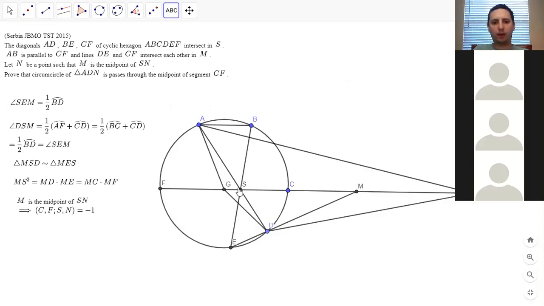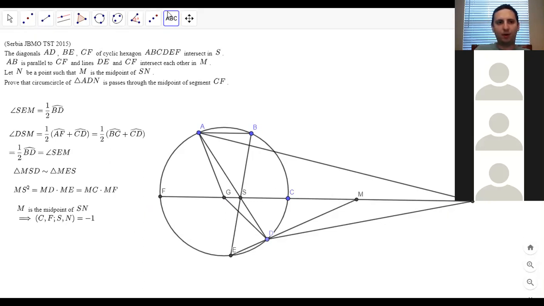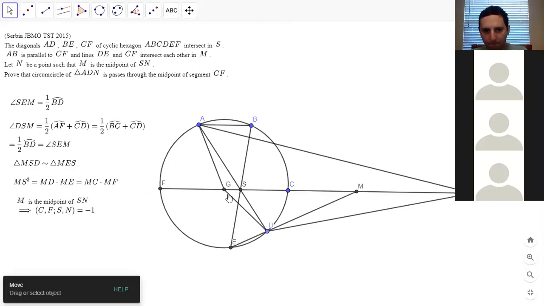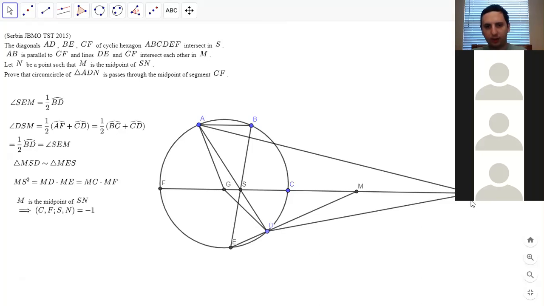Oh, by power of a point, because then we have, since they're in harmonic conjugation, GS times GN is GC squared.